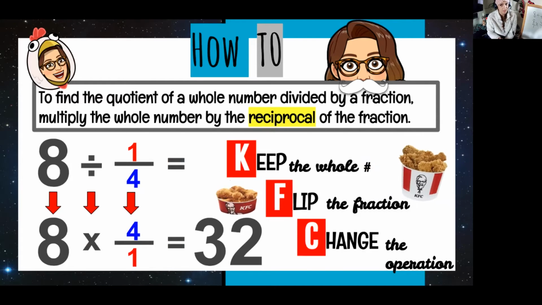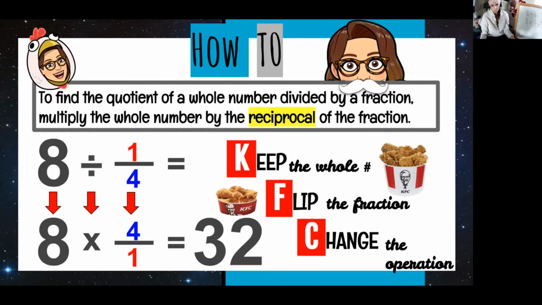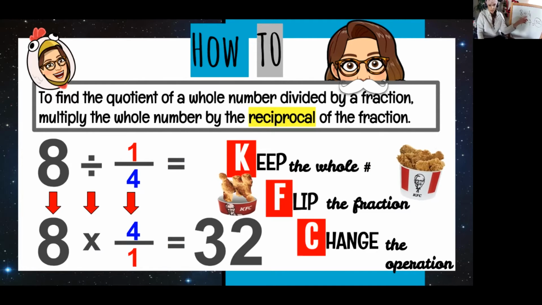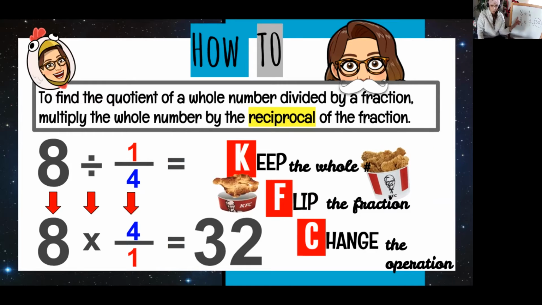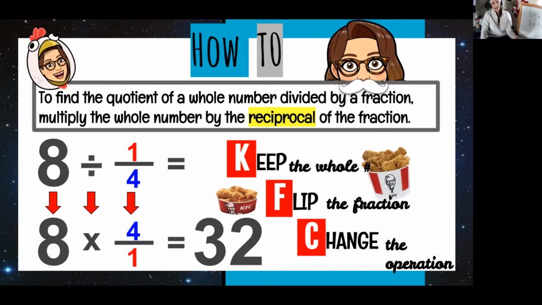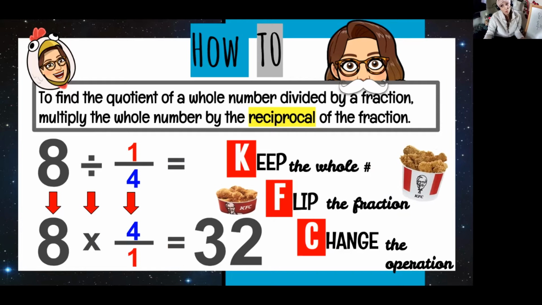I was doing division, now I'm doing multiplication. Keep, flip, change. And as you saw from my board, when I had 8 divided by 1/4, I changed it to 8 times 4/1. I put my 8 over 1. Then I multiplied across and I found out that I would be able to make 32 cups of hot cocoa.